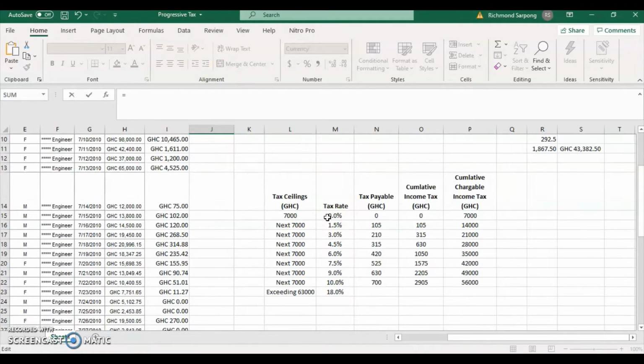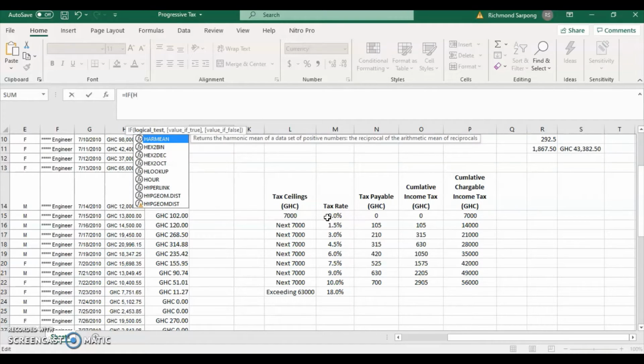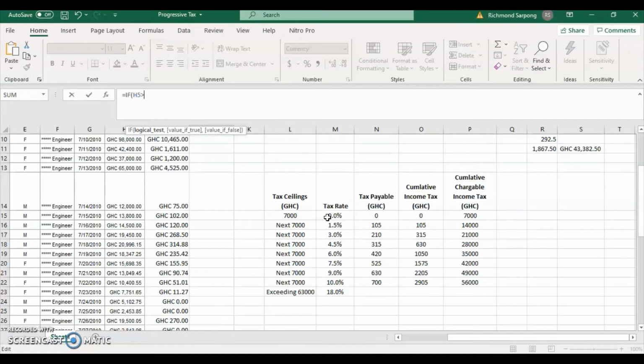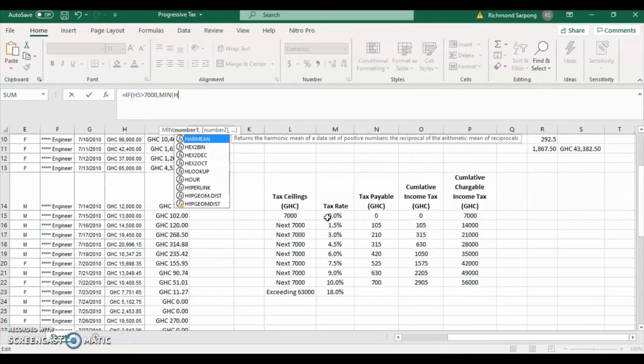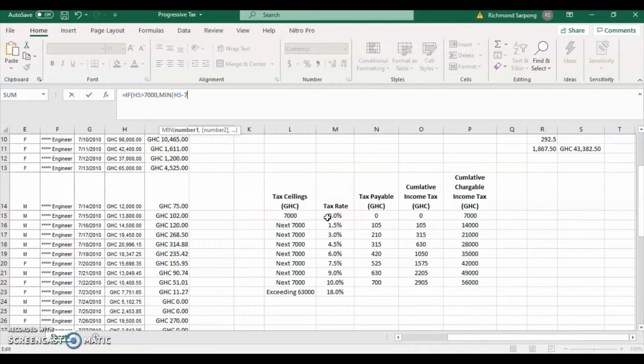I'll type IF H5 is greater than 7,000, then I'll bring the function MIN, H5 minus 7,000.